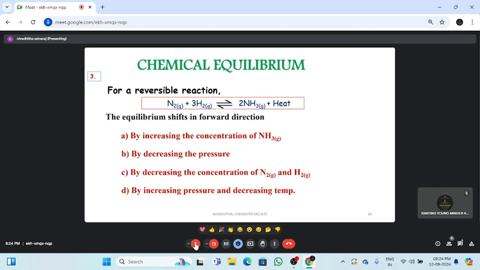So this question is basically from Le Chatelier's principle. Now we have to shift the equilibrium in forward direction. So to shift this equilibrium in forward direction, what do we have to do? Whether we have to increase the concentration or decrease the pressure, or decrease the temperature or decrease the concentration of the reactants.